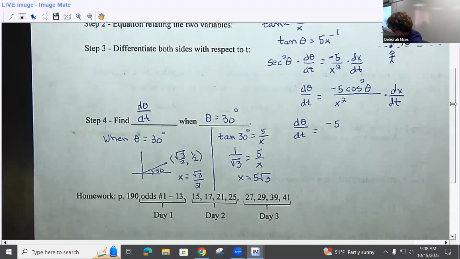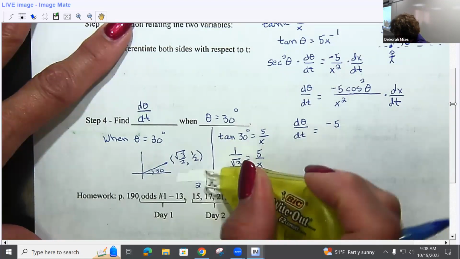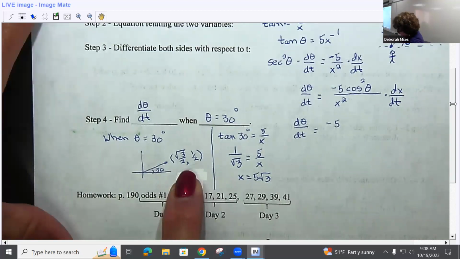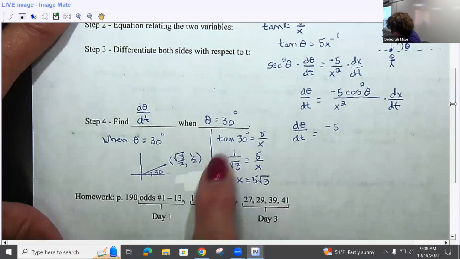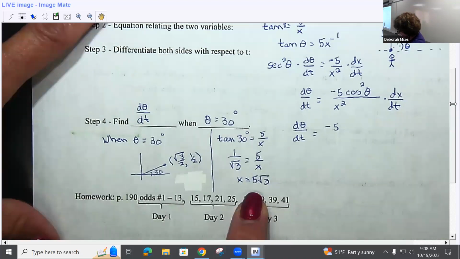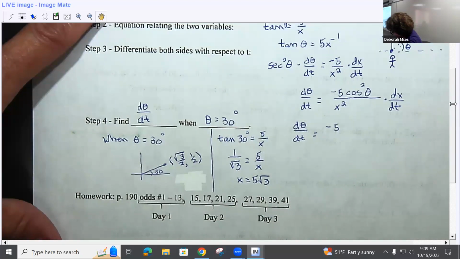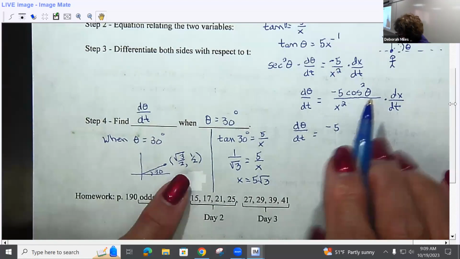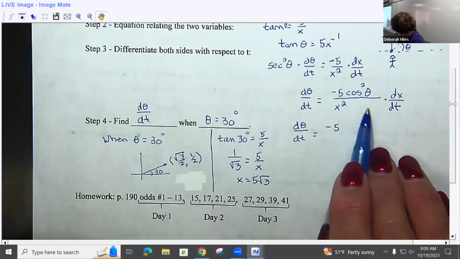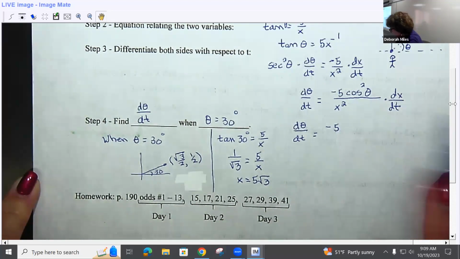So let me erase one thing that's a little bit confusing right here. That looks like I have 2 different values of x. I did need to think of that ordered pair so that I could find tangent 30 degrees and use it to find x. But the x was not simply that x value right there. What can I put in the place of cosine theta? Cosine 30 degrees.